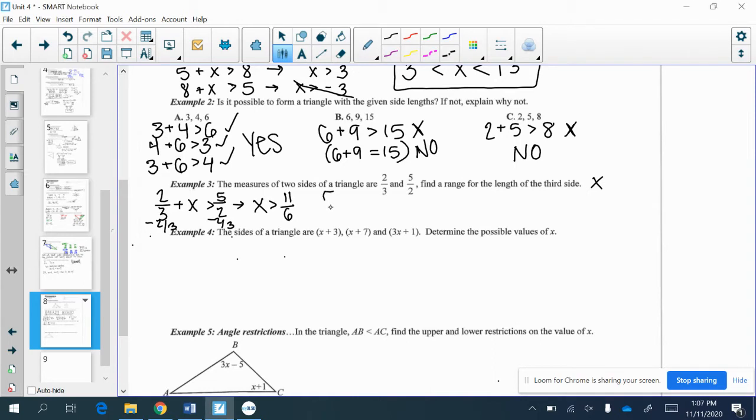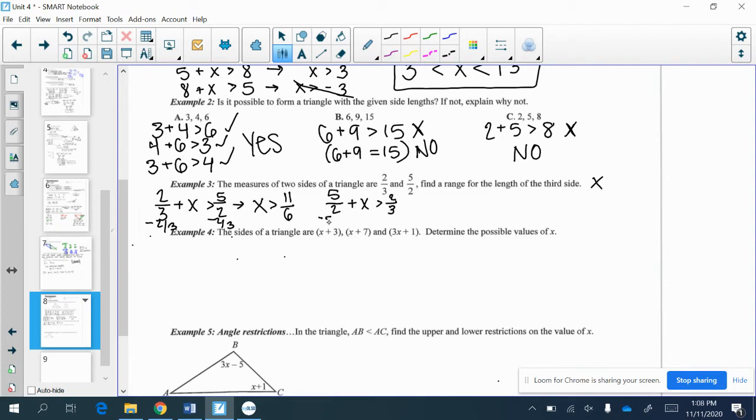5 halves plus x has to be greater than 2/3.